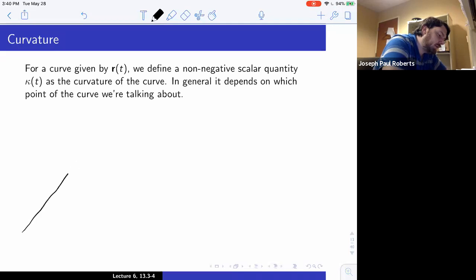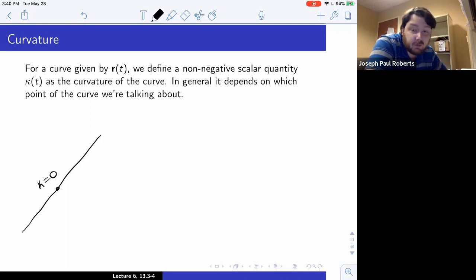Zero curvature is going to be exactly what you expect. If your curve is a perfectly straight line, we're going to say that that's not curved at all, right? A line is the worst curve there is because it's not curved. So zero curvature corresponds to straight. And then let's say it starts to bend ever so slightly.